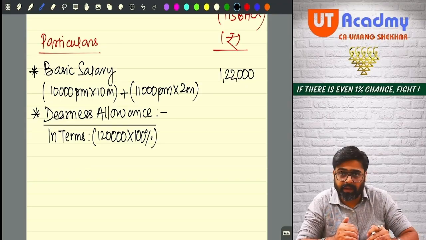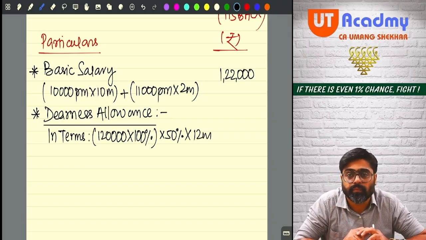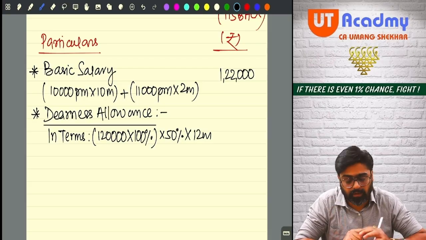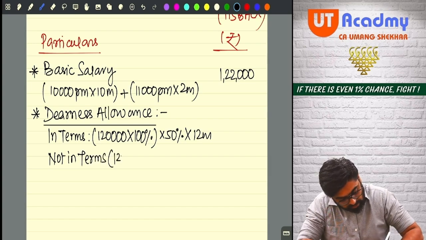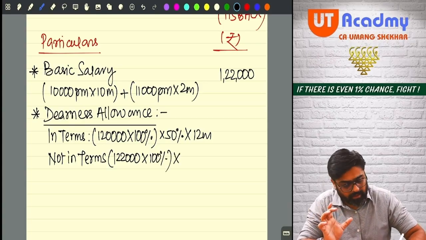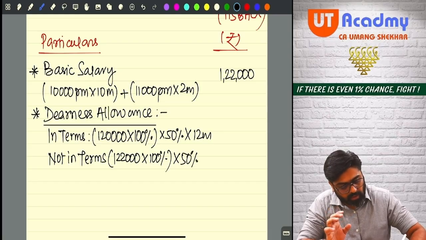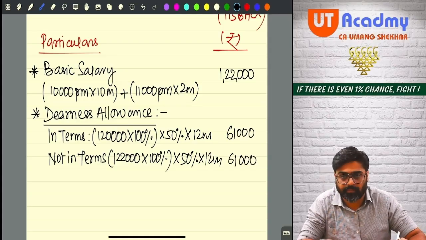And whatever is DA, out of that 50% is in terms, and that I am going to receive for the full year. Yes or no? And the same calculation for not in terms also. 1,22,000, 100% of that I will get as DA. And whatever DA I am getting, 50% of that will be not in terms for 12 months. So this will be 61,000 and this will also be 61,000.